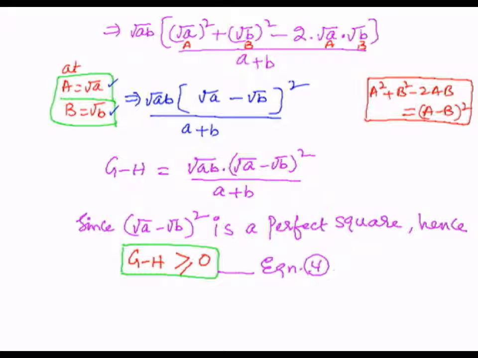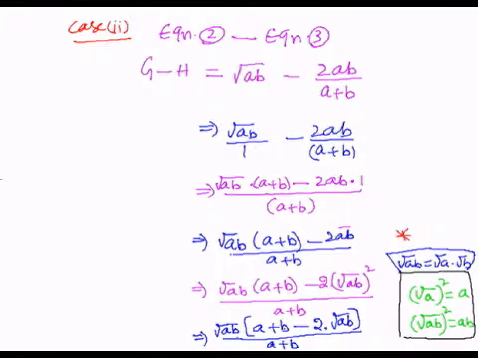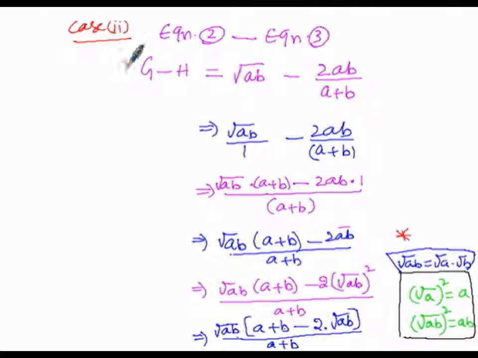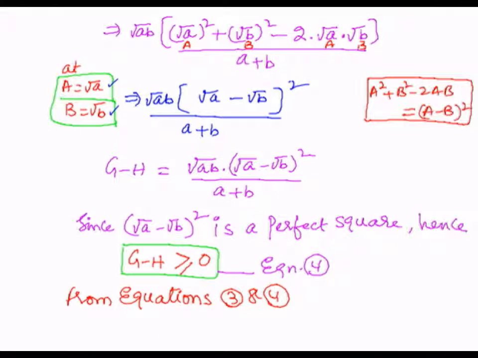So from equations 3 as well as 4: equation 3 is the third equation from case number 1, which is a minus g greater than or equal to 0, and from case number 2, the fourth equation is g minus h greater than or equal to 0.